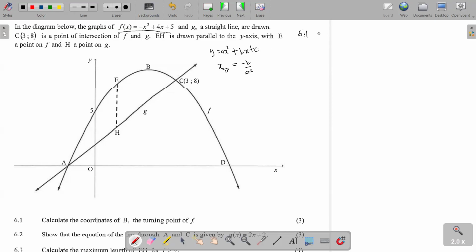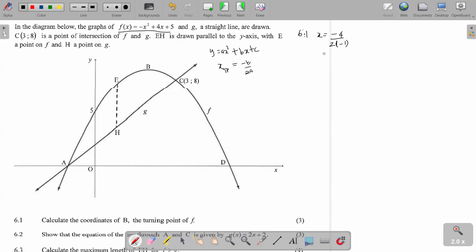So x will be equal to minus b, the coefficient of x, which is 4, over 2a. Our a in this case is negative 1, which is the coefficient of x squared.